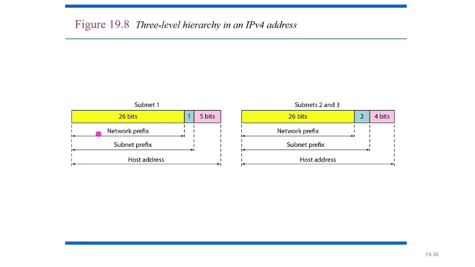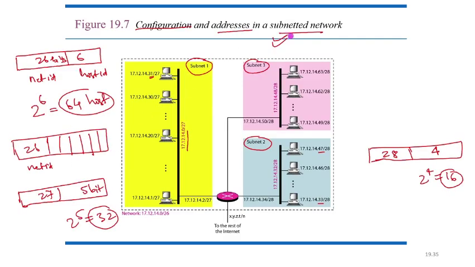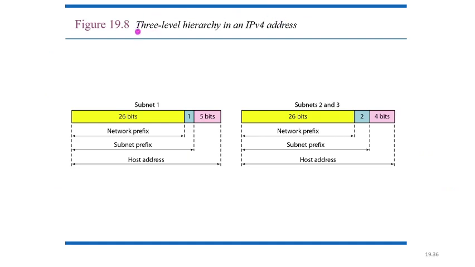So this configuration, if subnetting is being used, in that case it will be considered as a 3-level hierarchy. So 3-level hierarchy means if subnetwork 1 is there, 26 bits will be for the network ID. Then if we take 27 bits, 26 plus 1, it will be the subnet prefix, and these 5 bits will be the host address.